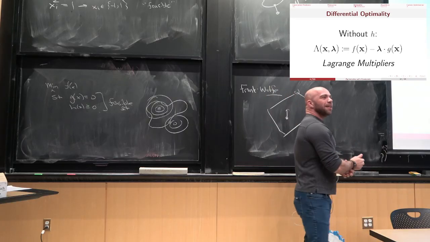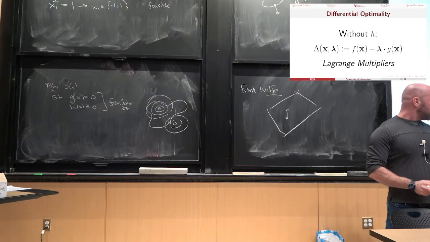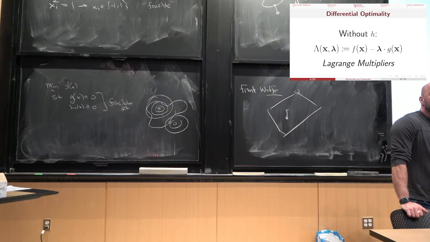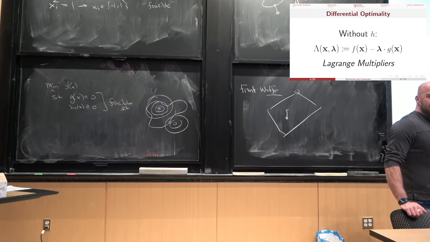In high school calculus, when you solved optimization problems, probably for the first time, you took derivatives and set them equal to 0, and that was pretty cool. Then in multivariable calculus, you said, oh, but now I've got an equality constraint, so I can't take derivatives and set them equal to 0 anymore. So now I've got to do this souped up version called Lagrange multipliers.